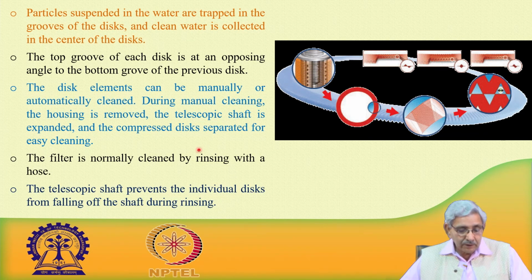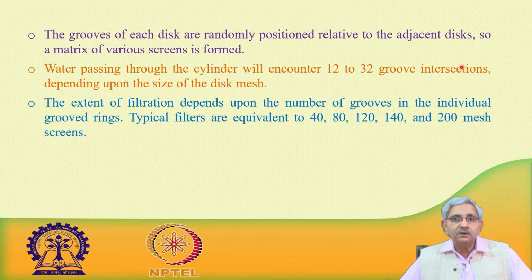The telescopic shaft prevents individual discs from falling off the shaft during rinsing. You can see here how this component comes, and the individual element can be seen over here.